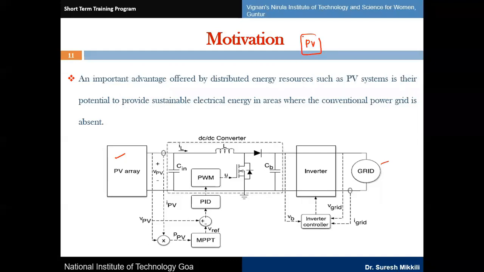If I want to connect it to the grid, we need a DC-DC converter, and then after that an inverter is required. After the inverter, we connect to the grid.